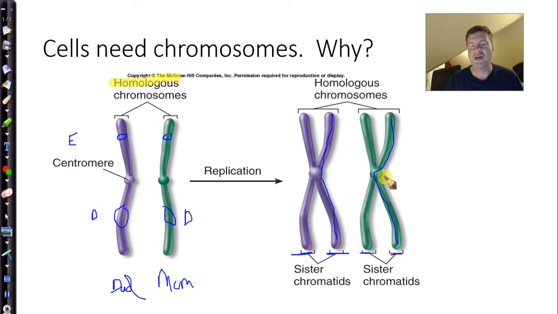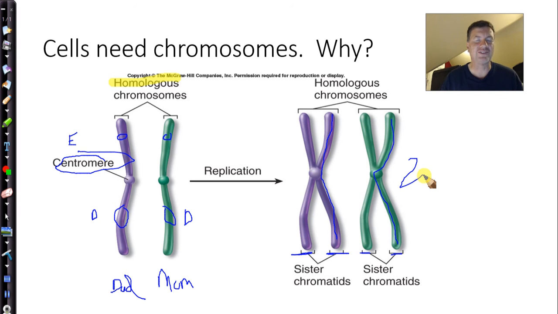And they're joined by a centromere. So cells are going to copy their DNA. It can be confusing to think of this, but this is still just one chromosome attached to its copy, and one chromosome attached to its copy. There's still just two chromosomes here, but we also have some copies as well.